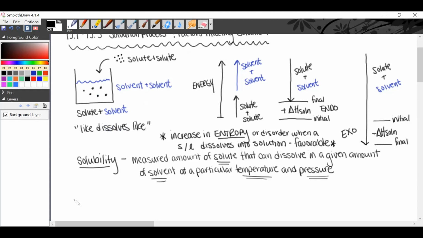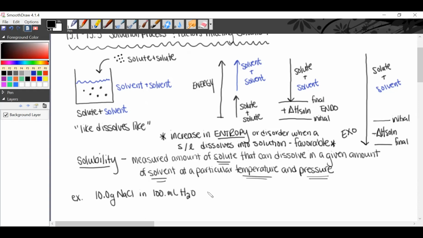For example, I could say that the solubility of, I'm literally making this up, sodium chloride, let's say the solubility of sodium chloride is 10.0 grams of NaCl in 100 milliliters of water.